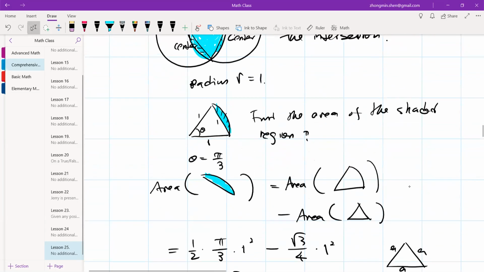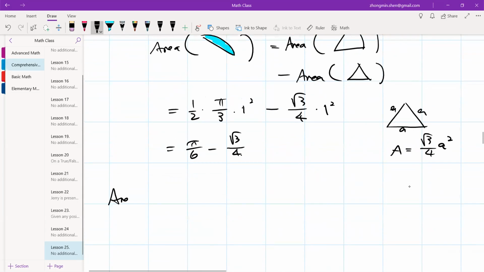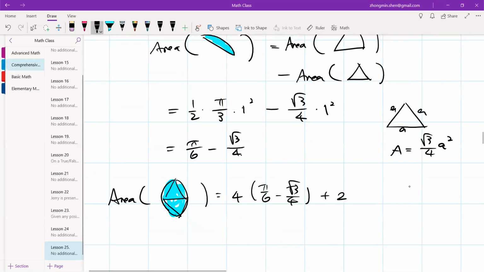Now, in order to find the area of this region, you just need the area of this intersection. I'm going to just describe this. The area of this intersection has 4 pieces, so 4 times the area of those pieces, and plus 2 times the area of the equilateral triangle.